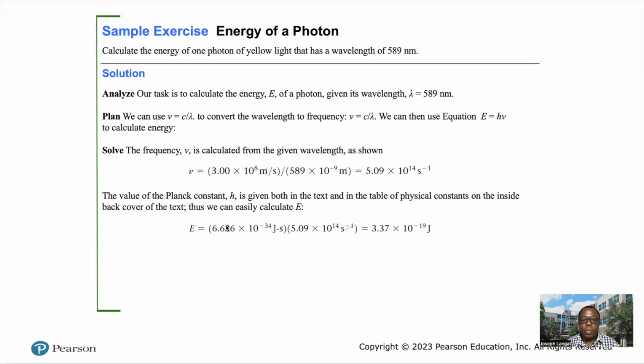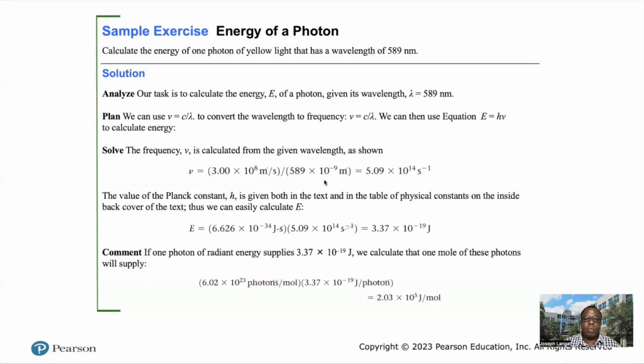Energy of a photon of light is Planck's constant, joules times second, times the frequency. We had to find the frequency using the relationship between the speed of light and the wavelength, and wavelength has to be in meters.